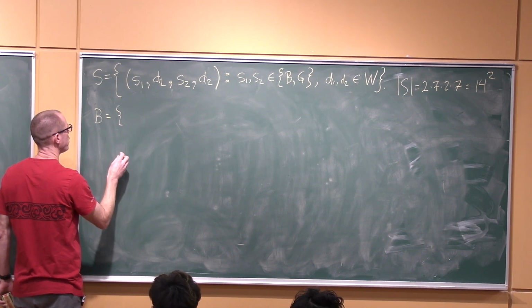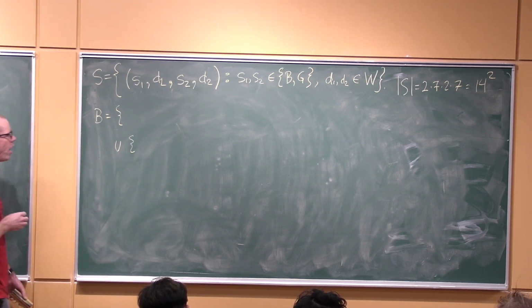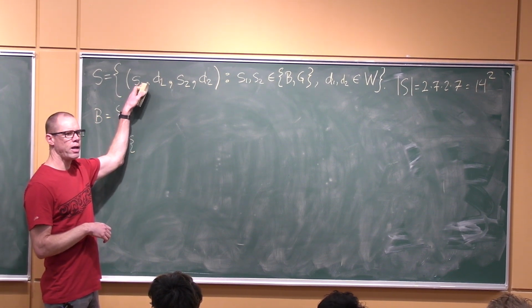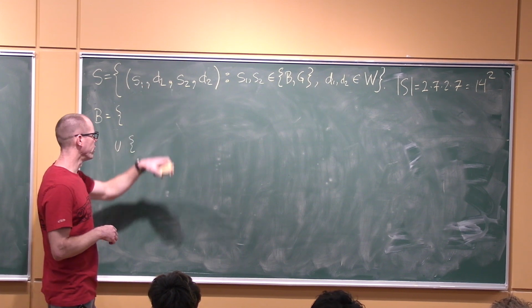Well, it's easiest to do that using divide and conquer. So at least one of them was a boy born on Sunday. So maybe the first one was a boy born on Sunday, and then I don't know about the second one, or maybe it was the second one and I don't know about the first one.